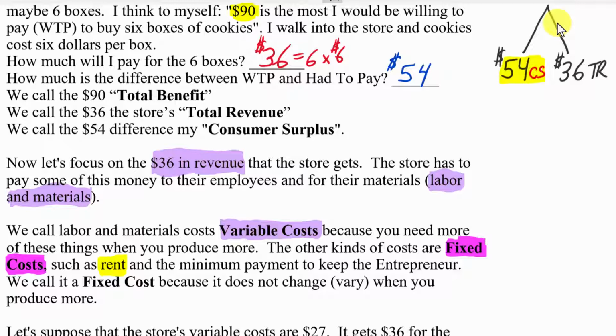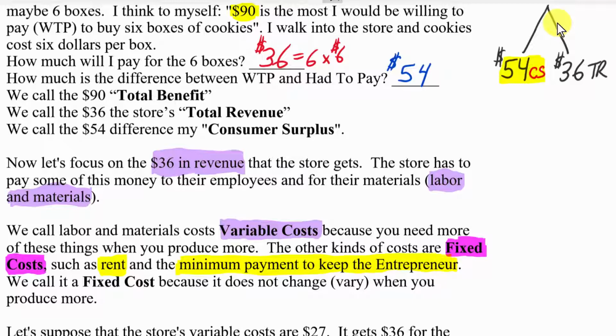And there's a minimum amount of profit that you have to pay this entrepreneur, otherwise they're getting out of here. They're going to go find something else to do. So this is another part of fixed costs, is the minimum payment, the minimum amount of profit you have to give to this entrepreneur in order to keep them interested in sticking around. Otherwise, they're going to bail.